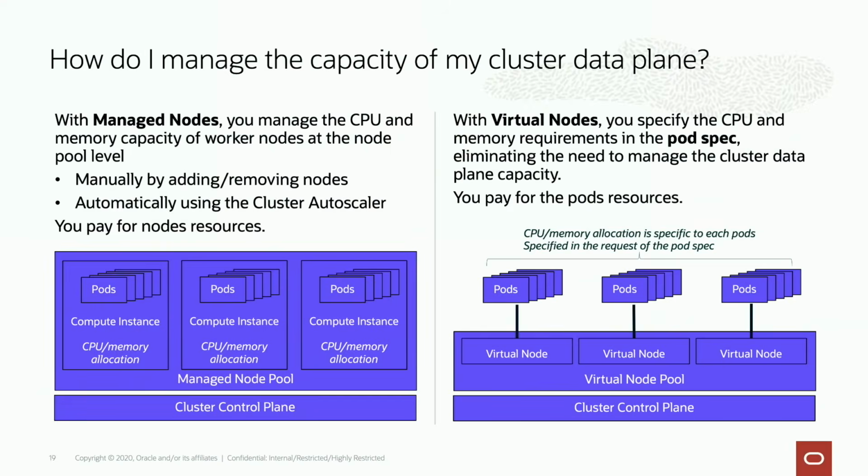And so OKE with the virtual nodes will take that manifest, those pod specs, and say, all right, it has to go on resources on virtual nodes with that many CPU and memory. It needs to grow, no problem. We scale the number of pods for this application, and virtual nodes always have the capacity to take more.